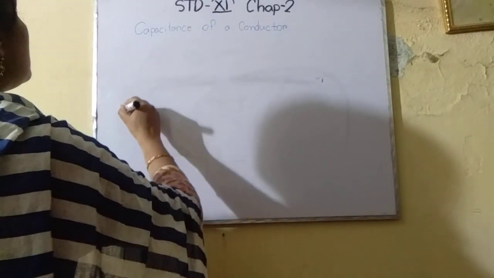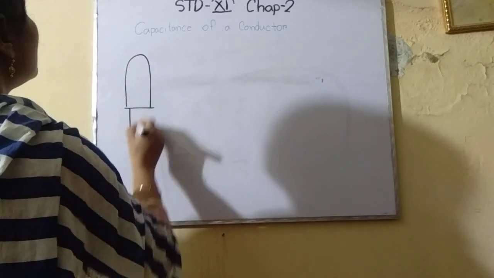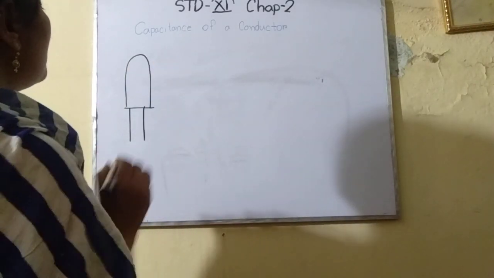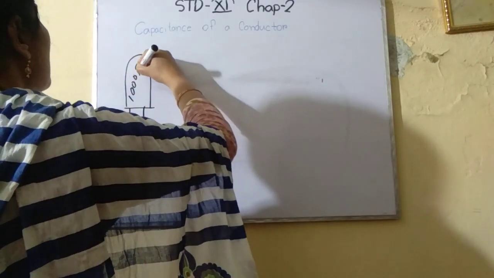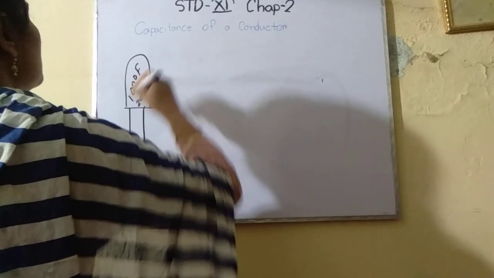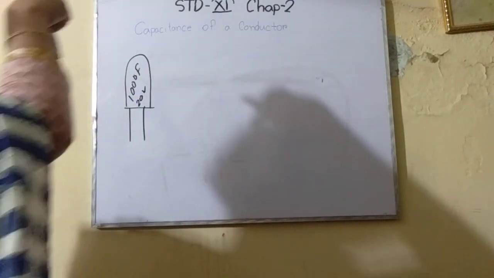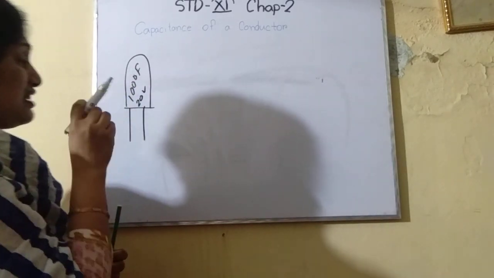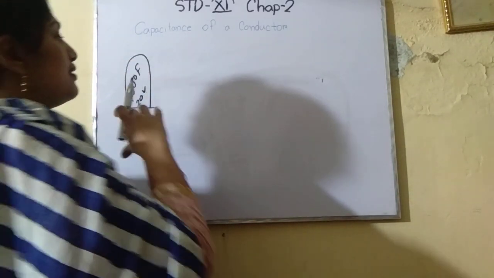Capacitor, how does it look? It looks like this. Something is written here like 1000 farad or 20 volt. If you open the motherboard, you will see this type of capacitor inserted on the motherboard.